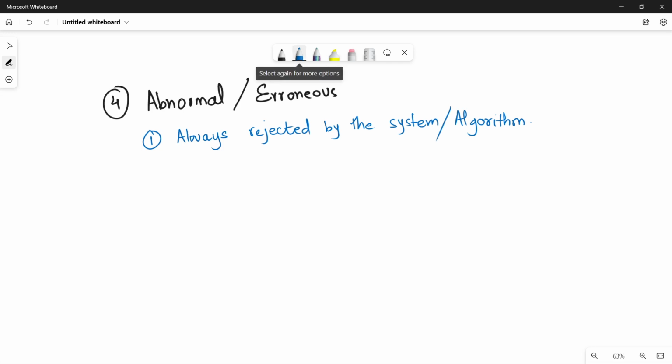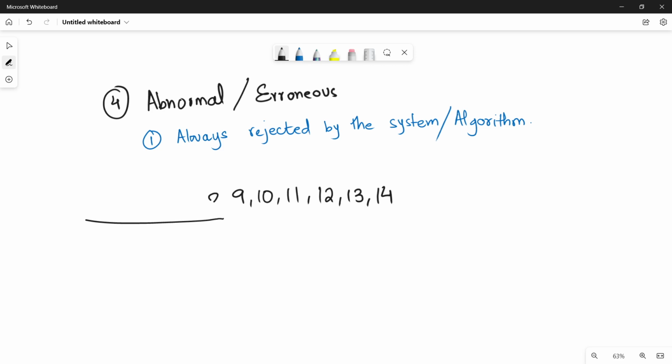The test data, for example, normal data, let's take normal data first: 9, 10, 11, 12, 13, and 14. All these ages will be accepted by the system. Now, if I take any value before 9, that can be 8, that can be 5, that can be 3, that can be even a negative value, -1, -5, and so on.